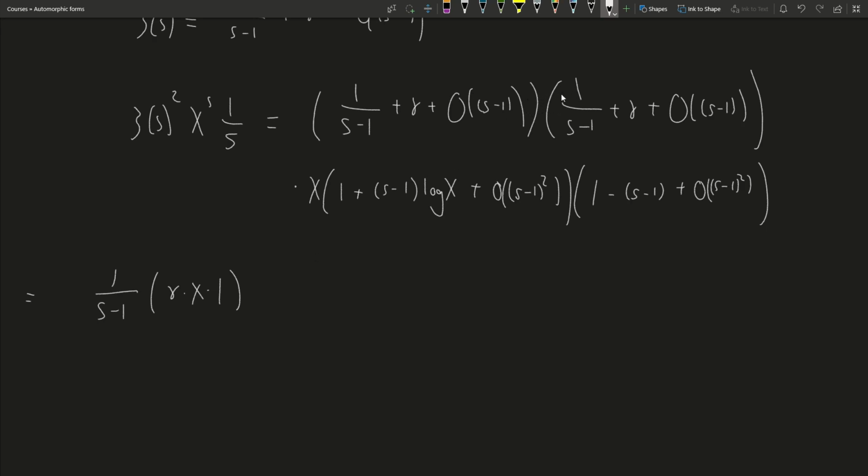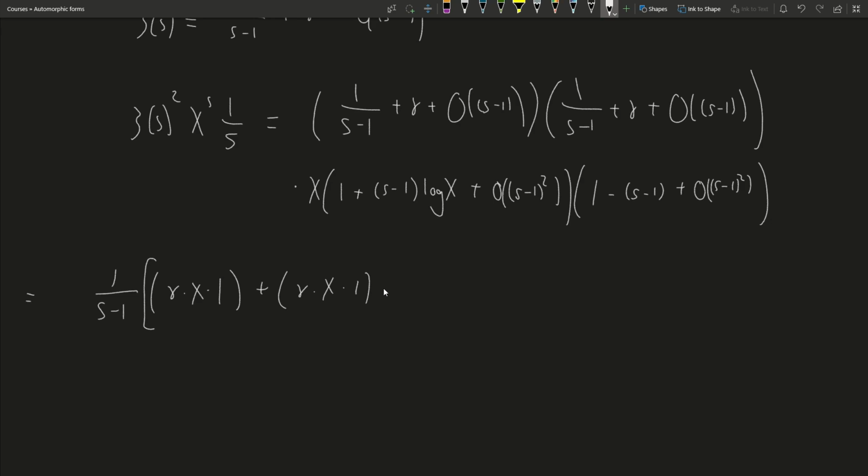Or we could do the same thing with the other factor: take the gamma here, take this term here, take the x here, and take the 1 here.